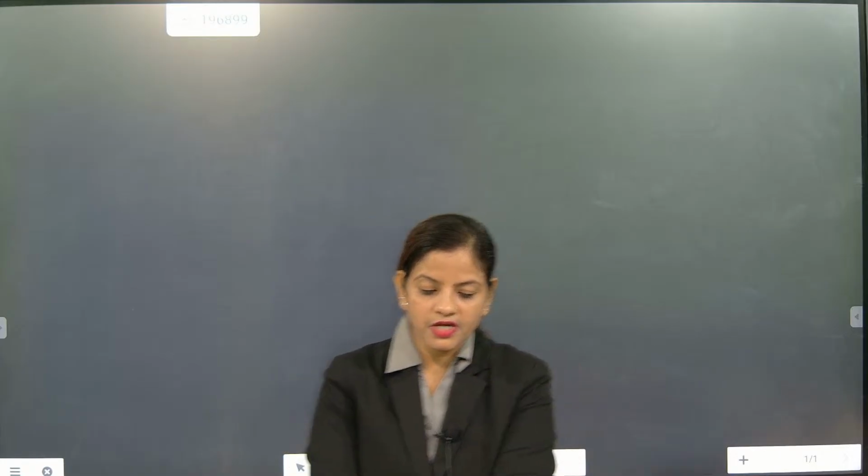This is one question. Actually, this question came in the CBSE board exam 1, 2, 3, 4, 5, 6, 7, 8 times. So, I'm going to repeat the question. Please listen to the question one more time.